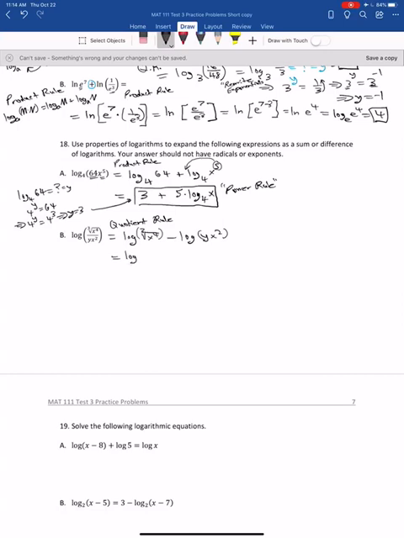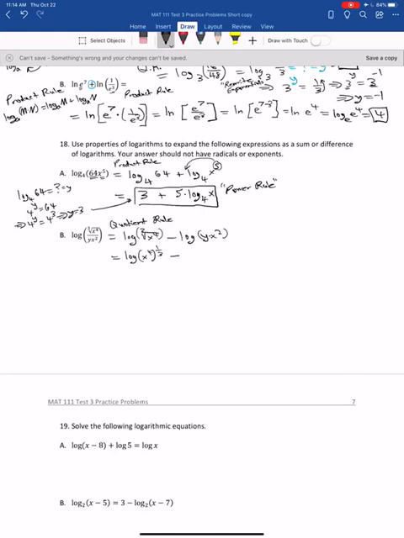So the log of the cube root of x to the 4th power. That's x to the fourth raised to the 1/3 power. Radicals are rational powers. Square root is 1/2, cube root is 1/3, fourth root is 1/4. So we'll convert that over to an exponent, and that way I can use the power rule in my next step.